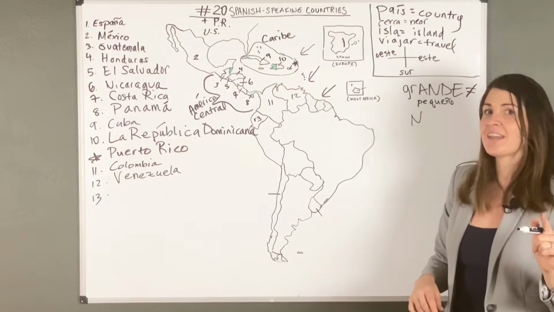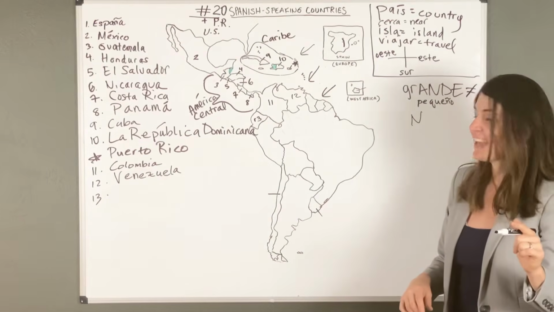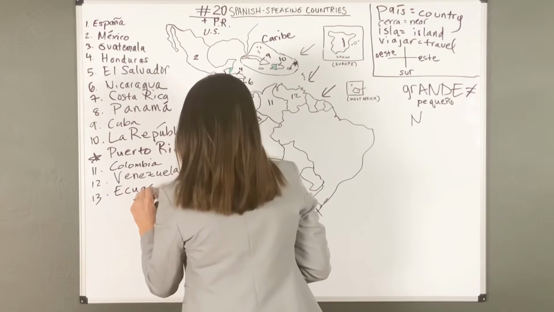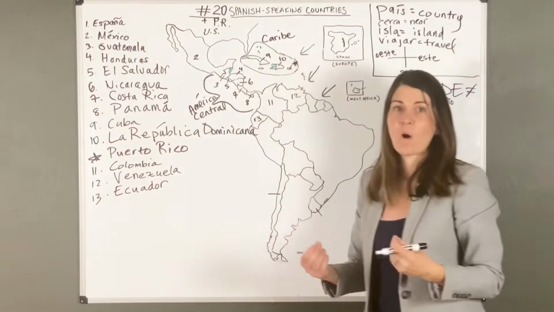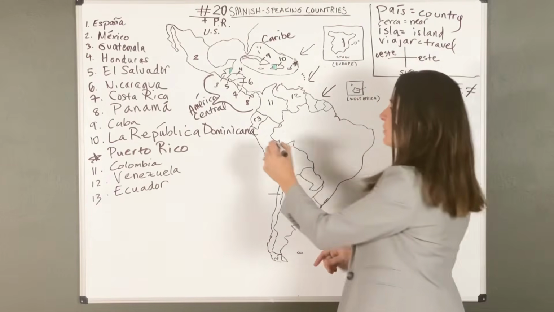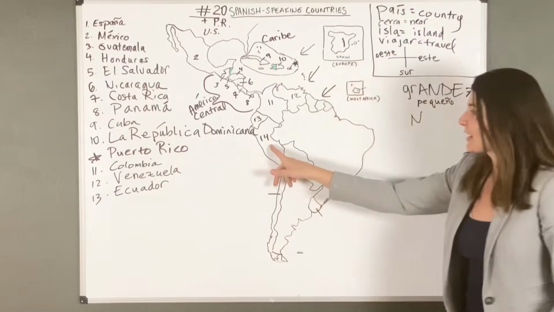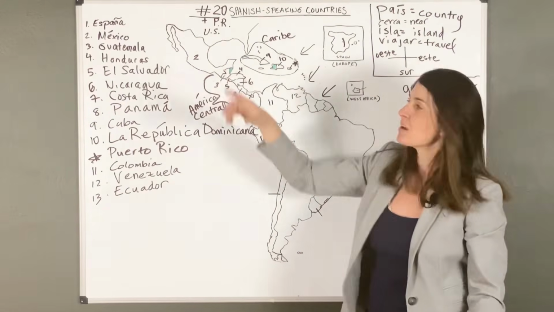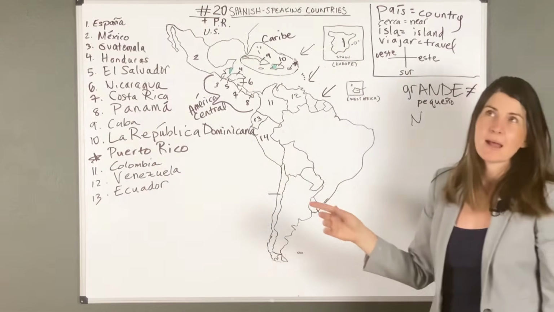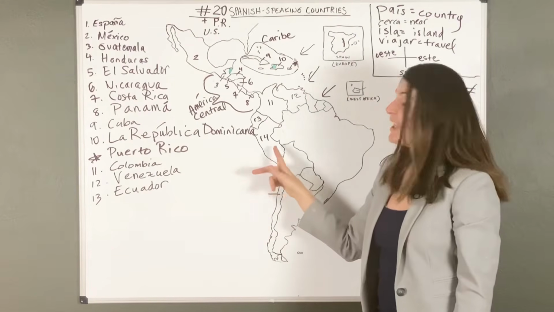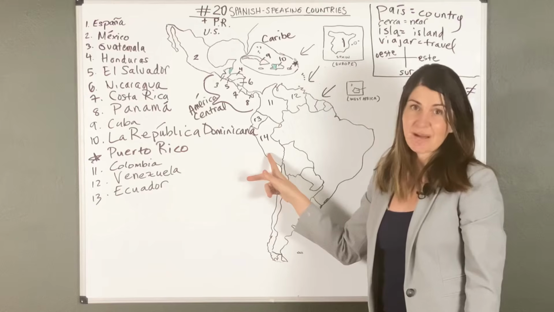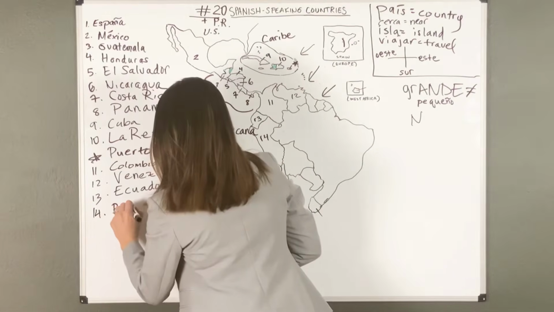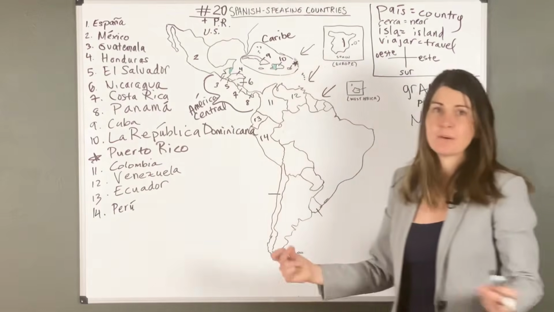It's on the equator. Ecuador. 14. Este país es bastante grande, ¿no? Grande como México. Y en este país está Machu Picchu. Perú. Perú con acento.